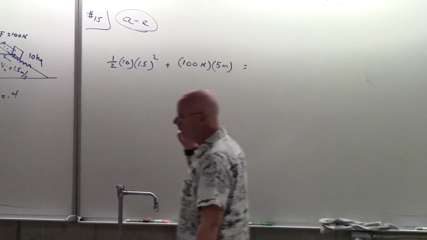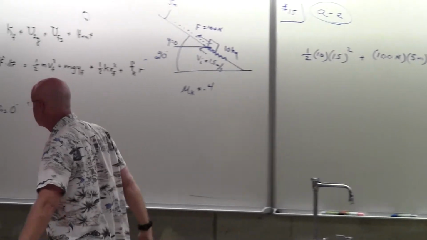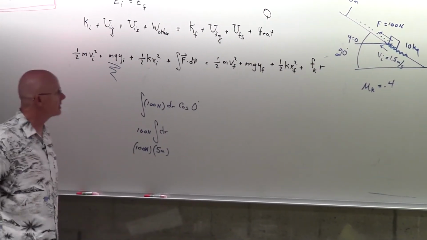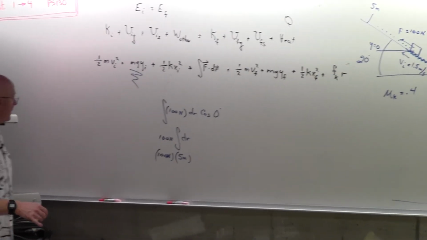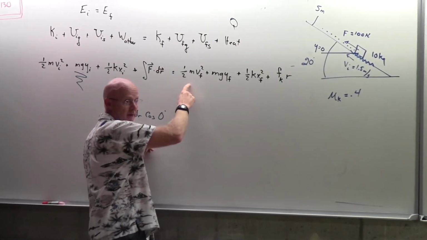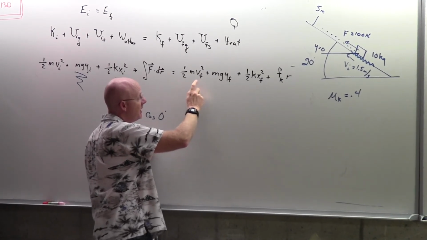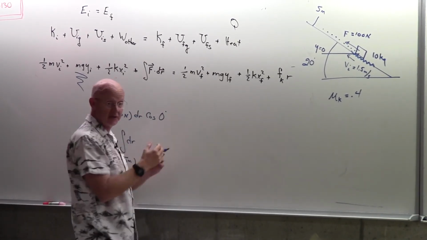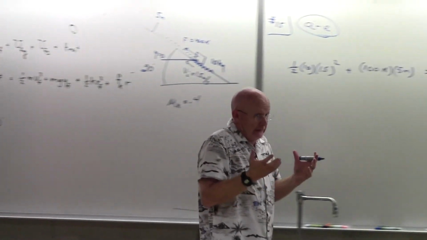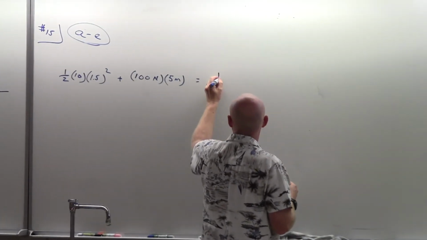Ooh, which was one of the questions in there. How much work was done by this outside influence? I think that was question C or something like that. But now let's go over to the other side. What is the speed at the end of this motion, this 5 meters? Well, that part I don't know.